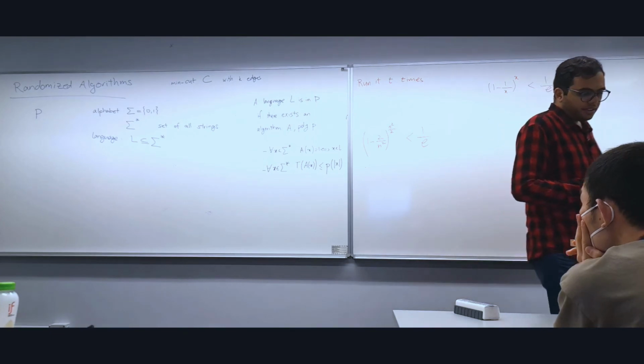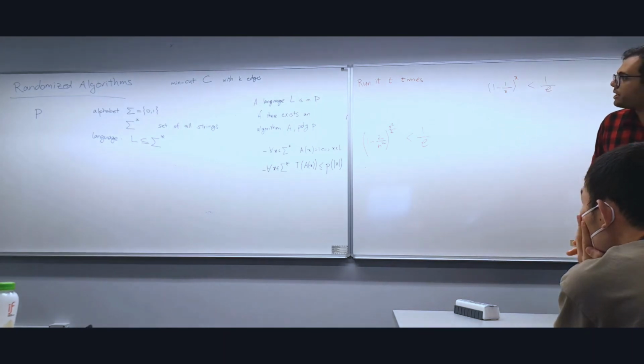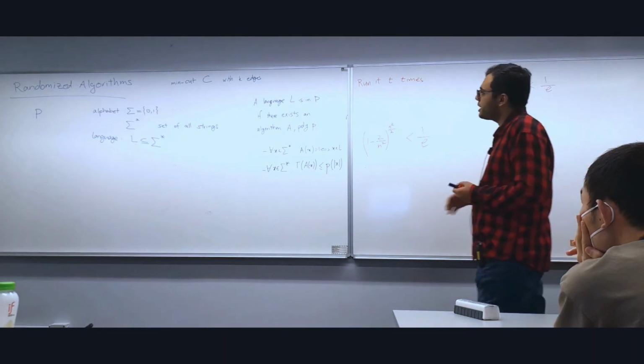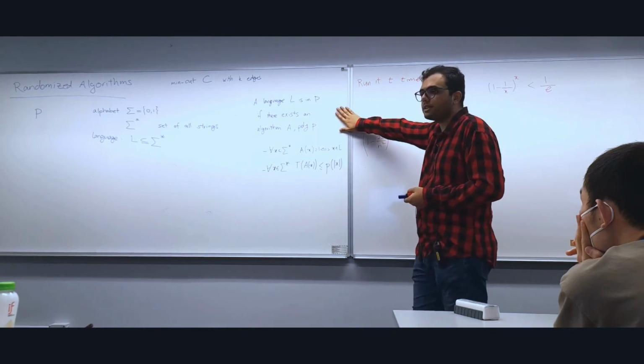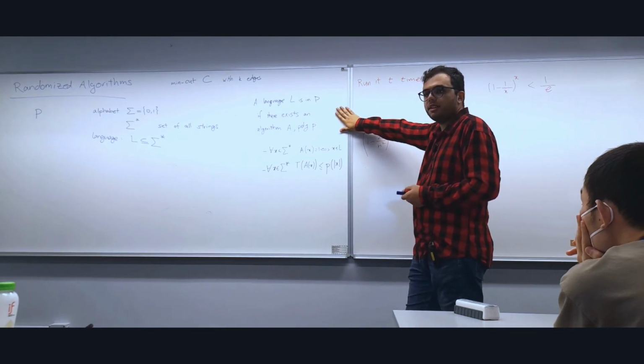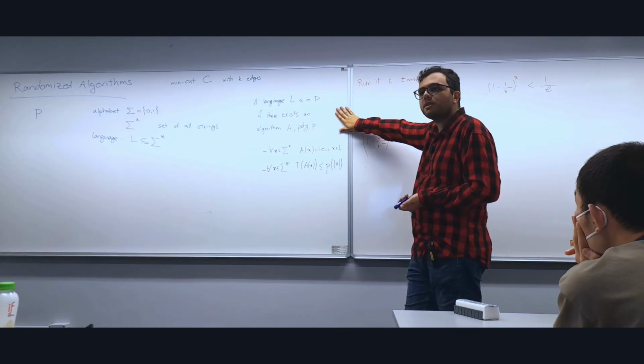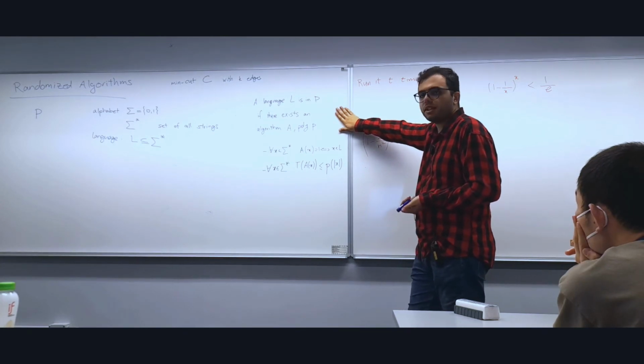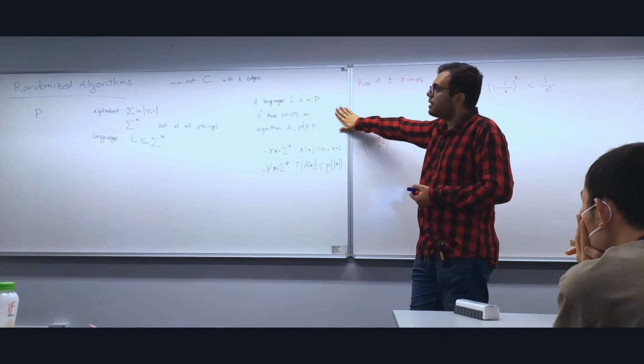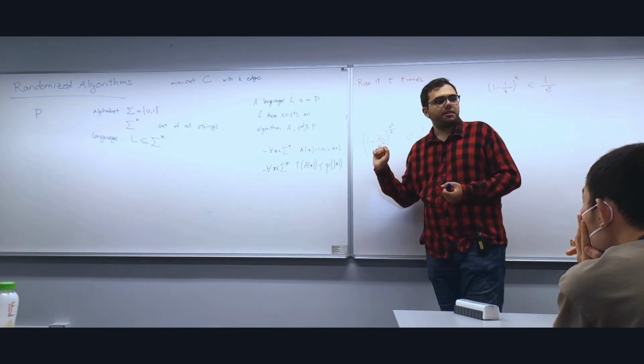Now, my question is, what happens if we want to define a counterpart of P for randomized algorithms? What does it mean for a randomized algorithm to solve a problem in polynomial time? We saw two different randomized algorithms today.